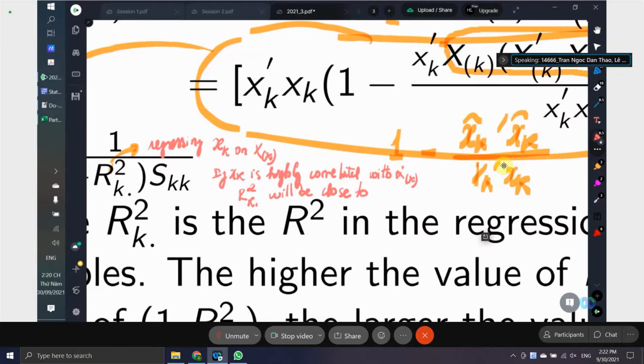So if xk is highly correlated with the matrix X-k, then this r square will be close to what?